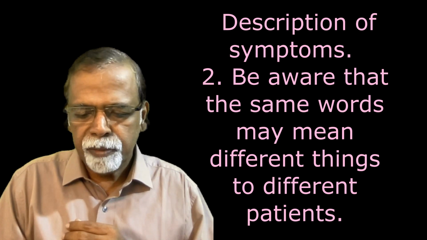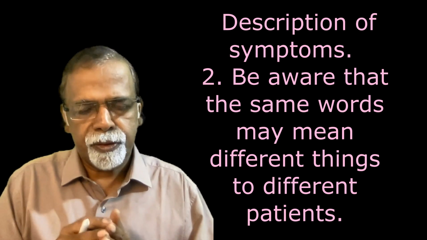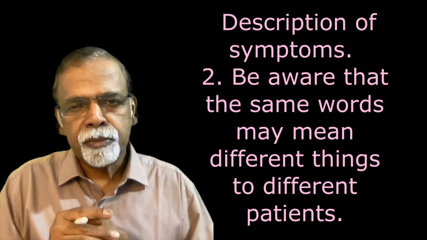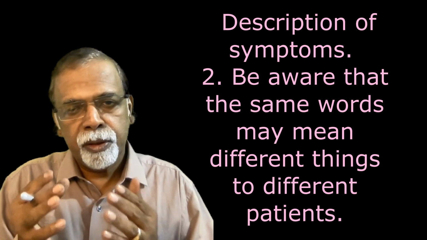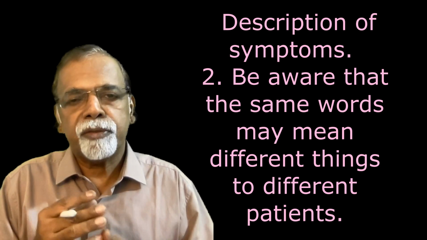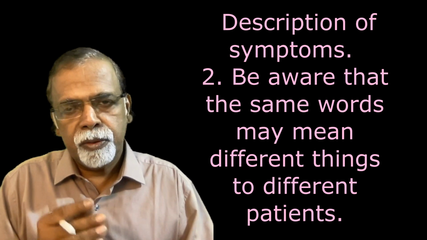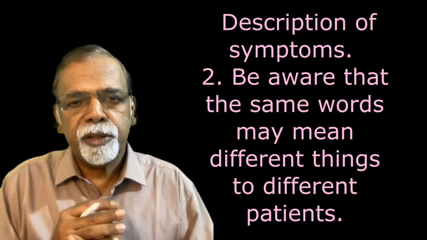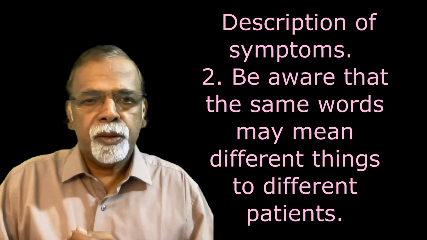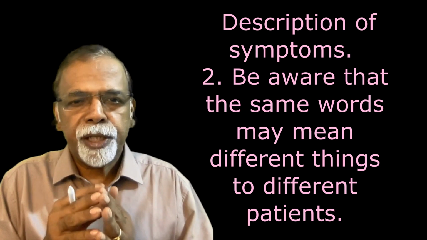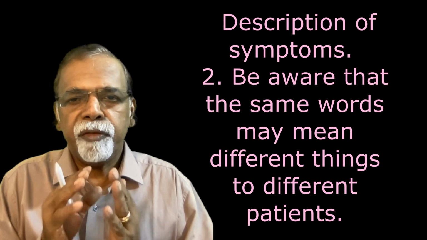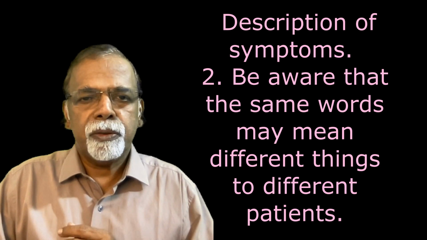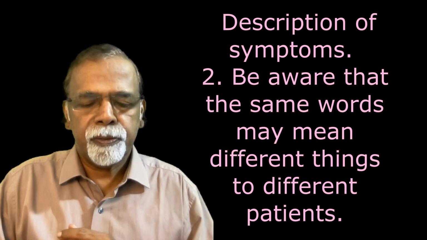Actually, the patient may be meaning an imbalance, or a feeling of rotation, or even sometimes loss of consciousness, they will say as vertigo. So confirm with the patient what they mean by the symptom. Pay attention to the patient's description of symptoms. Be aware that the same words may mean different things for different people. I hope this point you understood.